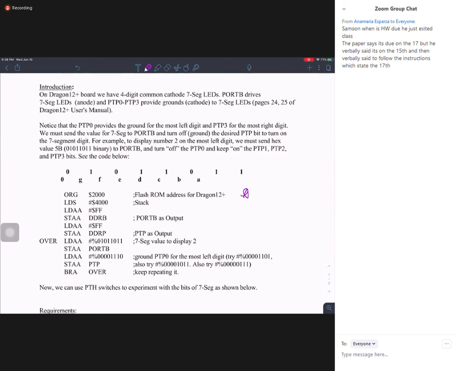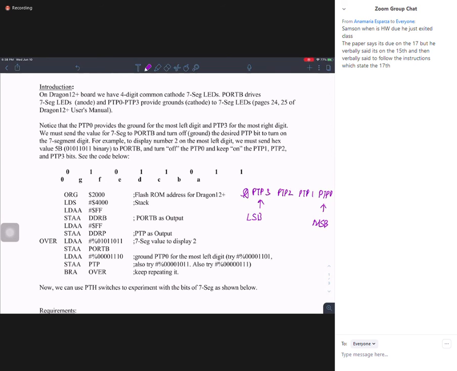So for the PTP, PTP3, PTP2, PTP1, PTP0, if you order it this way, PTP0 is going to control the most left digit. In other words, it's going to be the most significant bit. On the other hand, PTP3 is going to be controlling the LSB, the least significant bit.